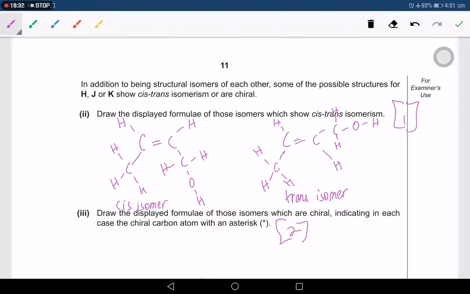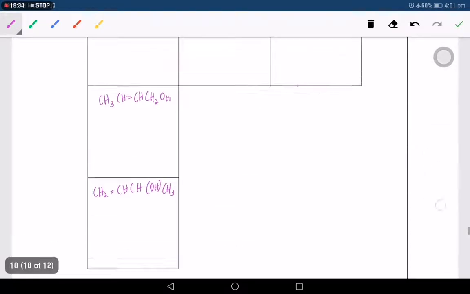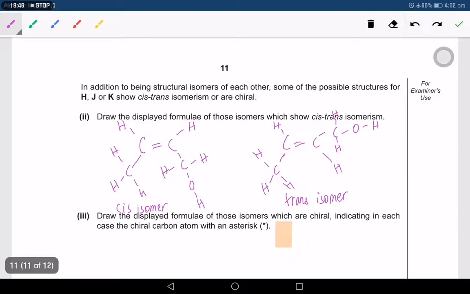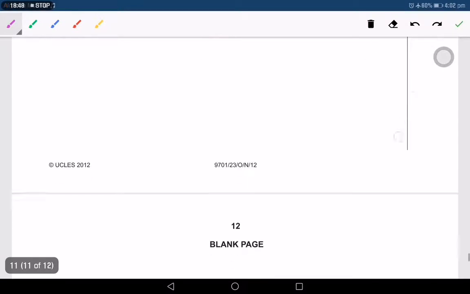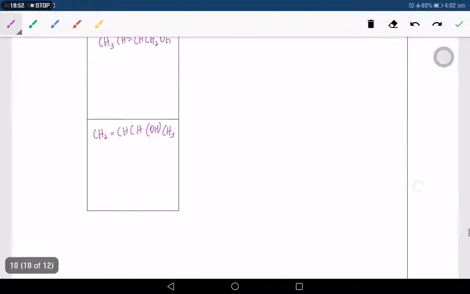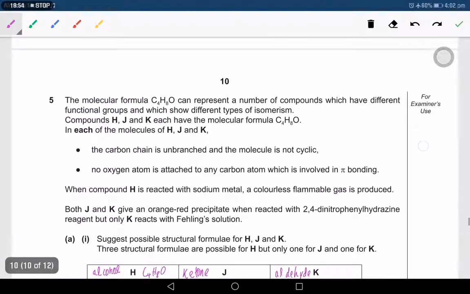So don't waste too much time on the last 2 questions. What really matters is that you got this correct. It's your 5 marks that really count towards your marks.